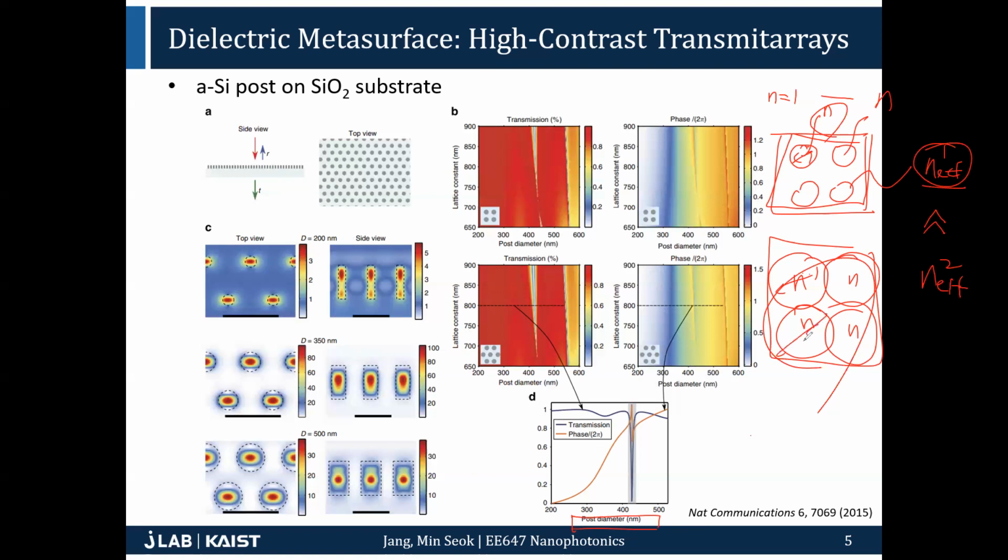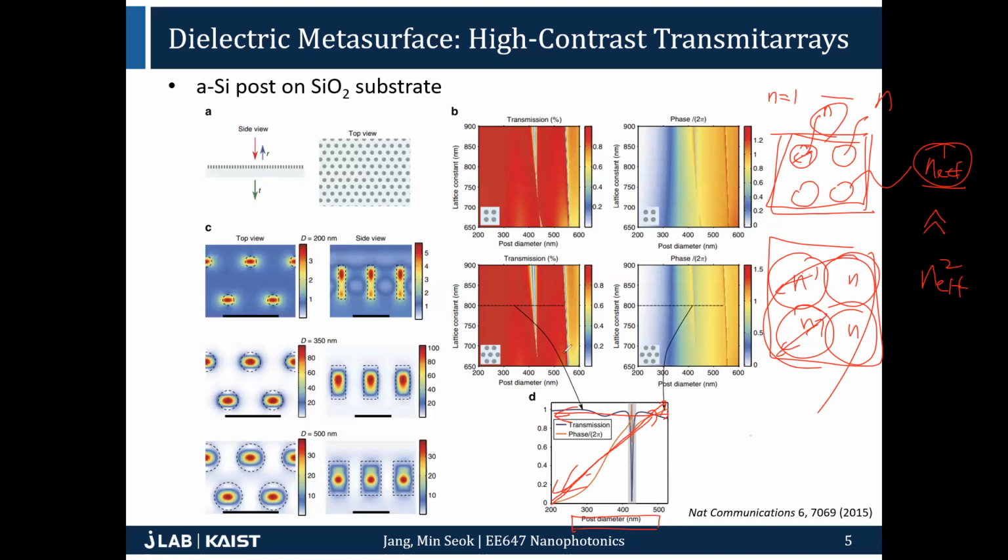So this is the post diameter. You can achieve the phase difference. So in terms of transmission amplitude, it's almost 1, but the phase difference increases as you increase the post diameter so that the effective index increases, right? It's a very simple technique. It's not even a technique, it's just changing the density basically, okay?